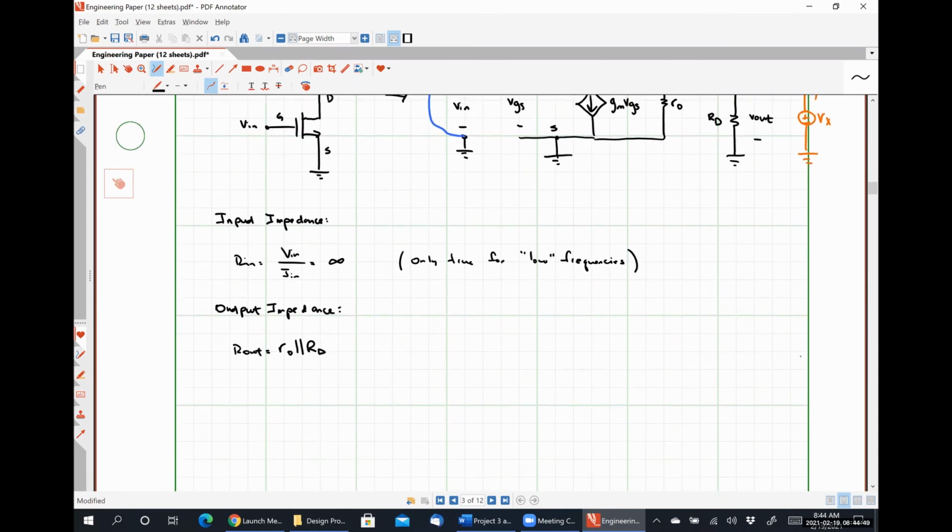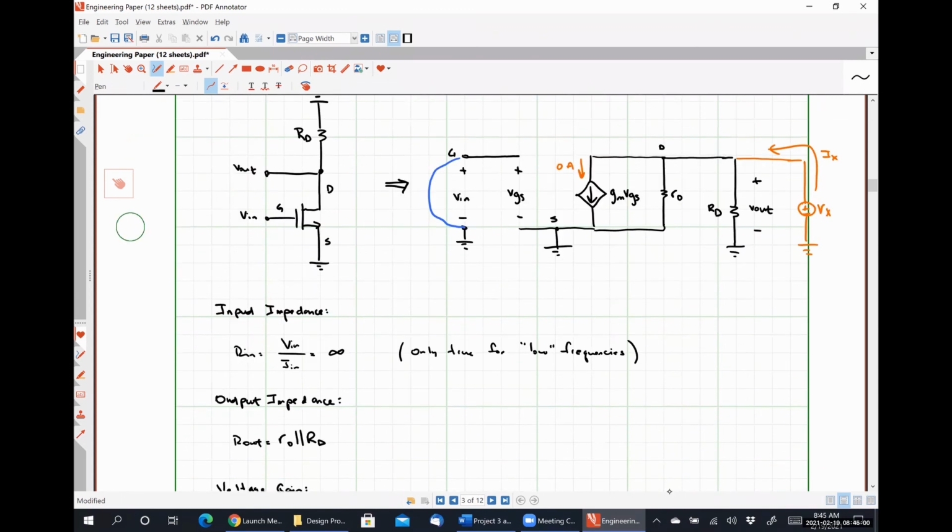So lastly, we need to calculate our voltage gain. Okay, so we're no longer shorting that. We're no longer applying a test voltage or anything like that.